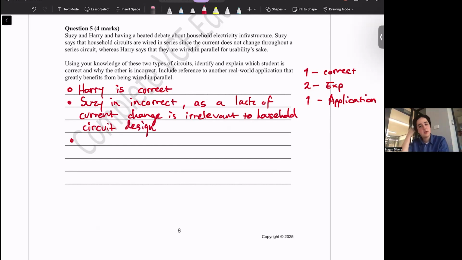Next point. So let's think about it. With Harry, what he's basically saying is that it's wired in that way to make it more usable, but how does it make it more usable? So in a series circuit, we essentially will see, as you probably know, the series circuit needs to be fully completed for any electricity to actually run through any of the circuit at all.